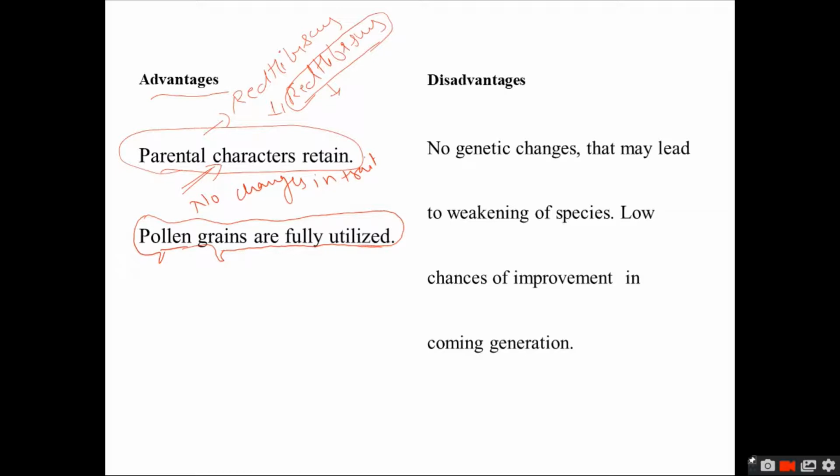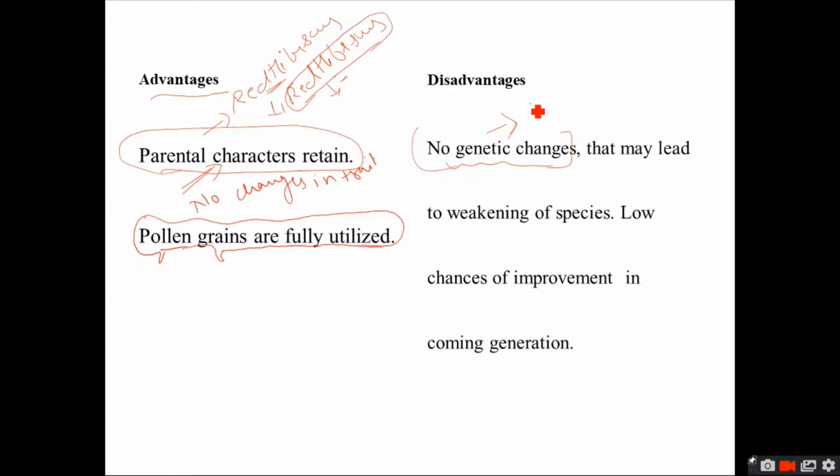Now we will see some of the disadvantages of this category of self-pollination, which is that there are no changes in genetics. We had seen that the red hibiscus flower, which is a parent flower, will give offspring of a red flower. This is because of no genetic changes, and this goes against the first rule of evolution, that changes are mandatory.